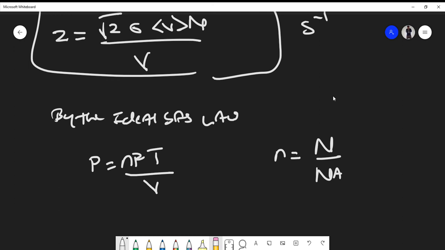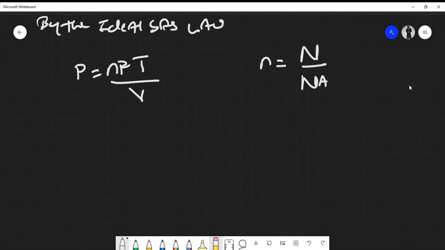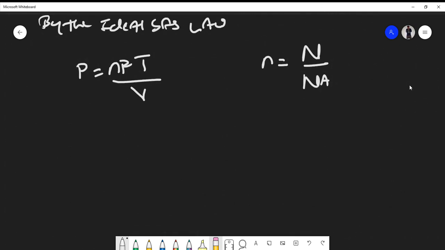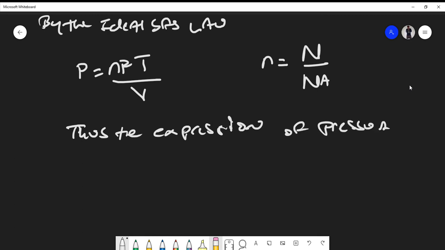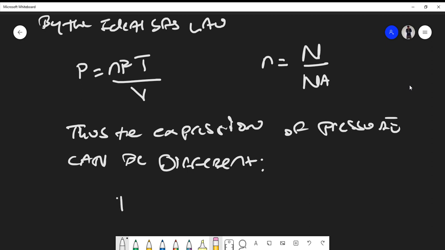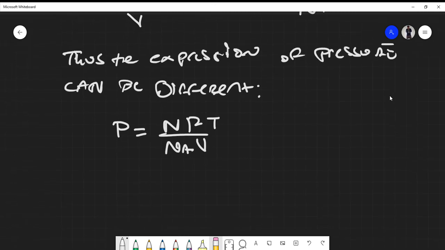So our expression of pressure can be different: P is equal to big N RT divided by N_A times V.